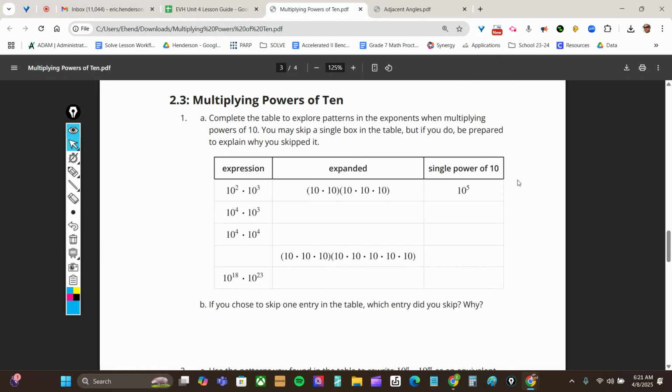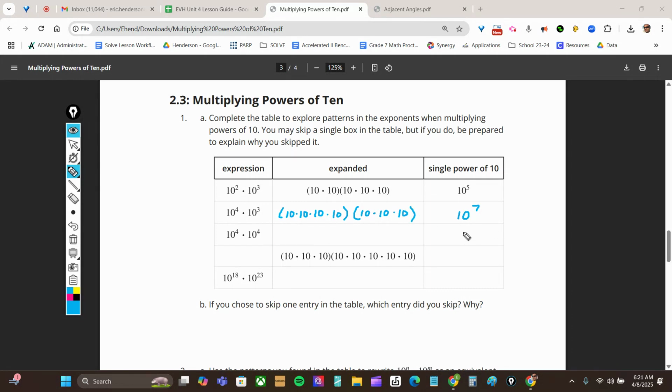Alright, multiplying powers of 10. Complete the table. Explore the patterns of exponents when multiplying by powers of 10. You can skip a single box in the table, but if you do, be prepared to explain why you skipped it. So this one is going to be 10 to the 7, because you got 10 times 10 times 10 times 10 and 10, 3.